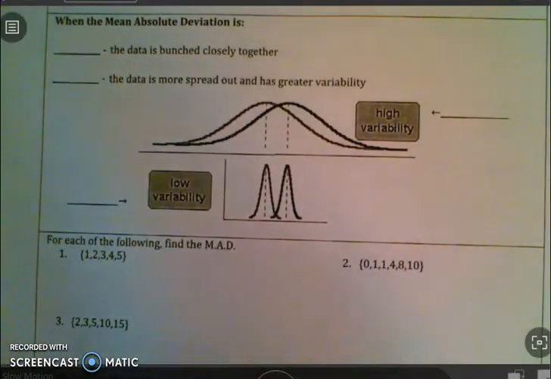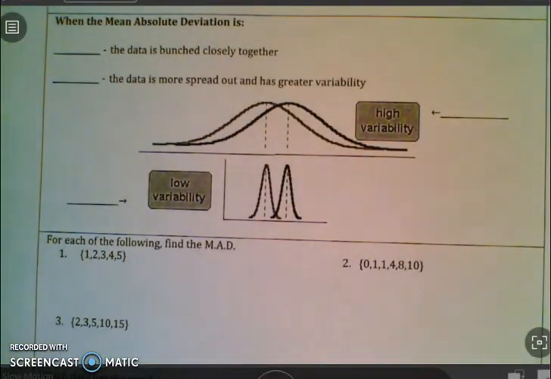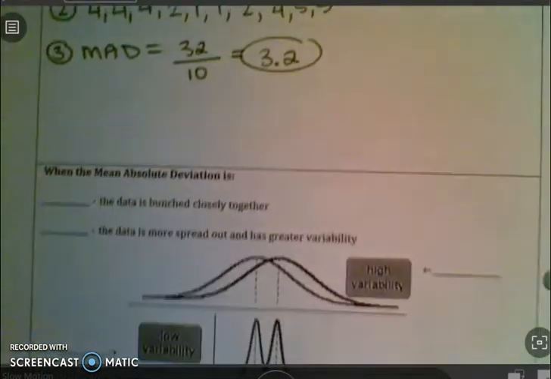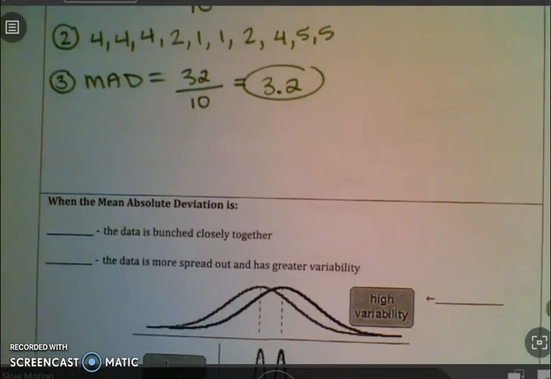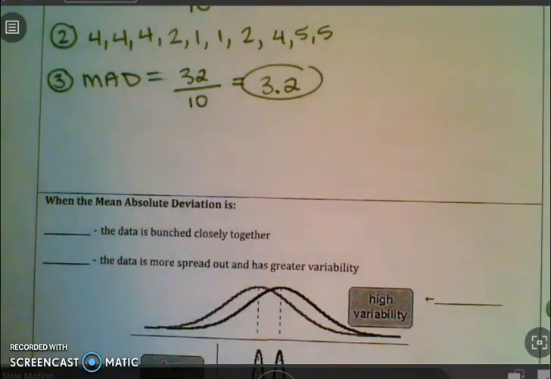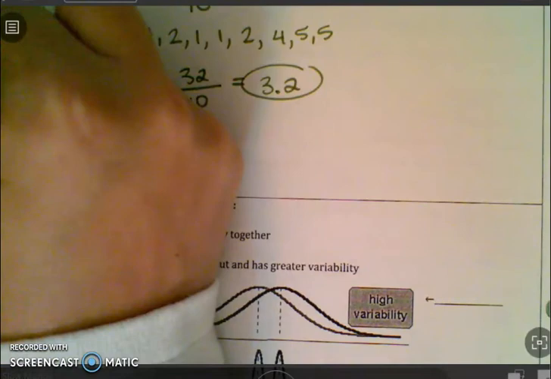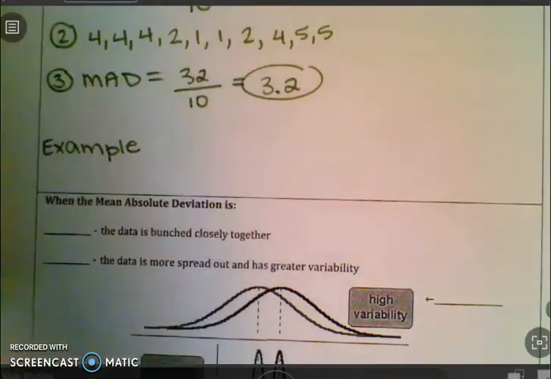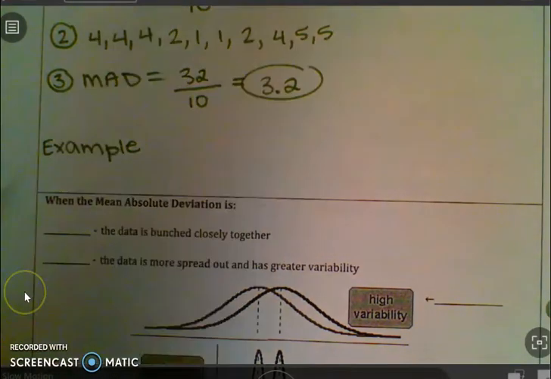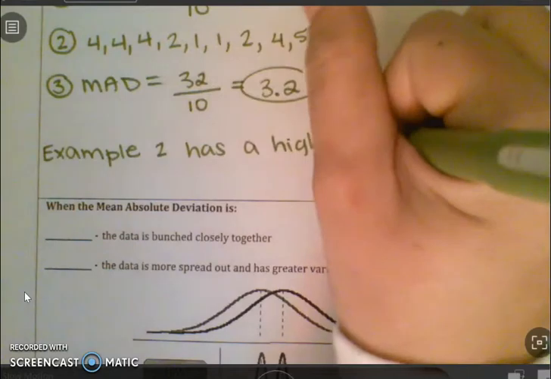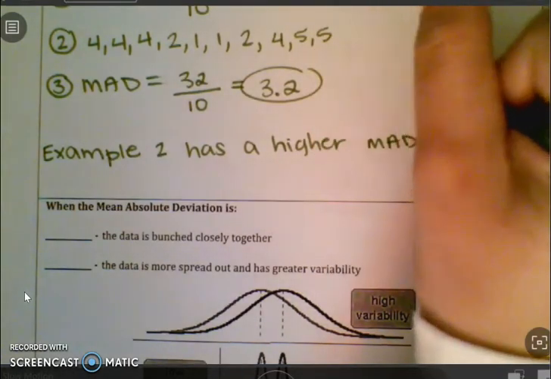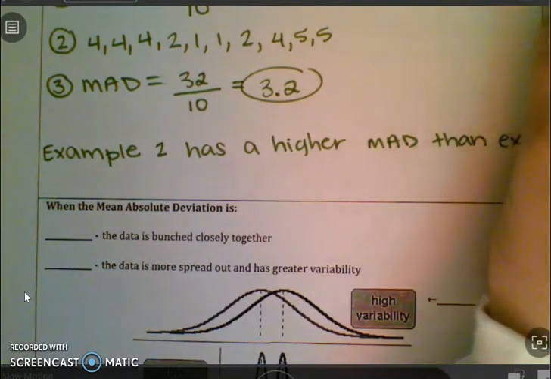Let's go back up for a second. If we compare this one with the other one, with example 1, example 2 has a higher MAD than example 1.